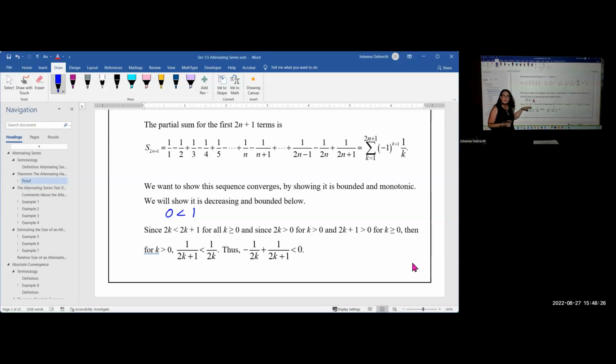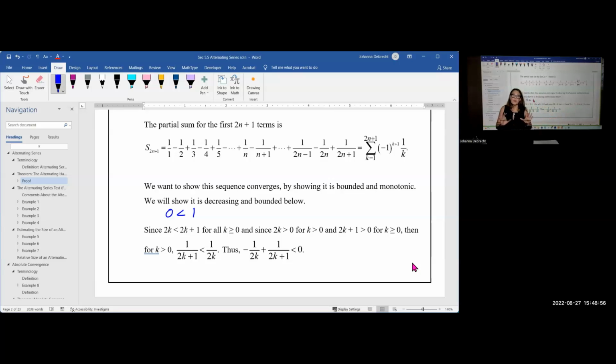So this is starting from the statement 0 is less than 1, which we know to be true. And then as long as k is non-negative, we add 2k to both sides. Well, actually, it wouldn't matter, we still end up with a true statement. Now, for our particular series, we started with k equal to 1 because we're looking at the alternating harmonic series. So we know that 2k will be strictly positive as long as k is positive, and 2k plus 1 is strictly positive as long as k is not negative.